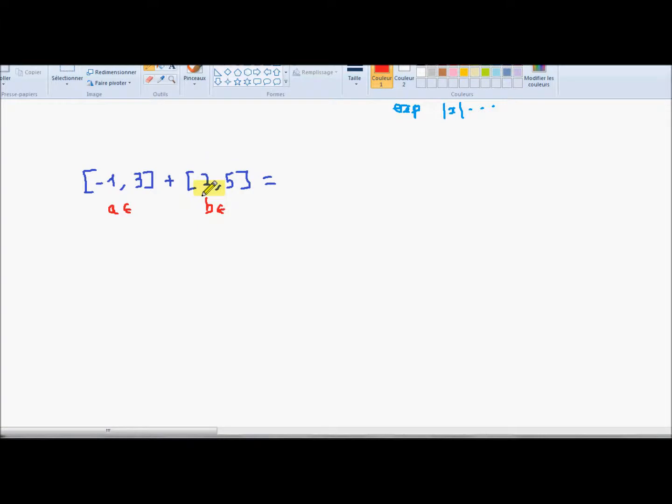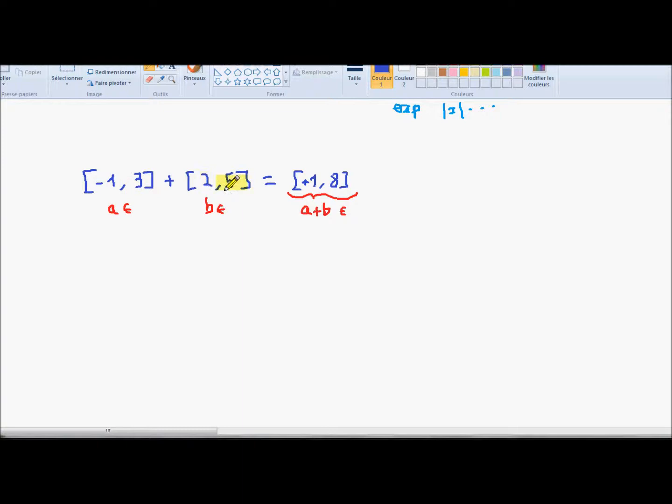Then what can I say about a plus b? To which interval does it belong? Of course it is quite natural to say that it will be, in this case, [1, 8]. Why? Because -1 plus 2 is 1, and 3 plus 5 is 8. So I have added the lower bounds and the upper bounds.